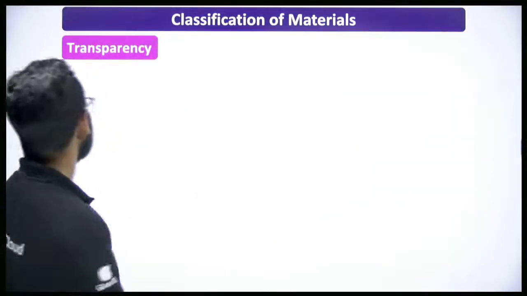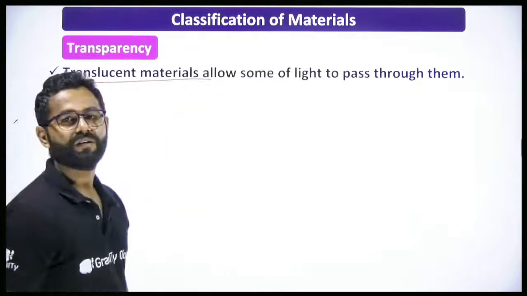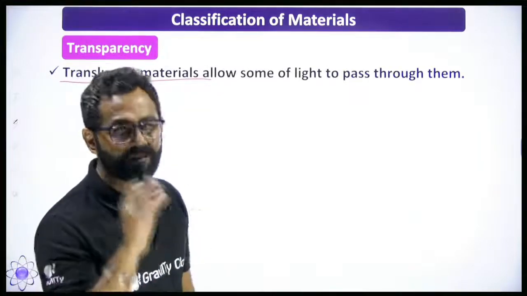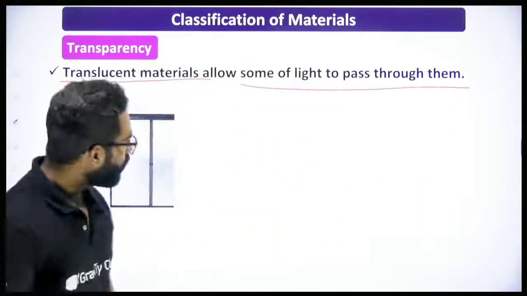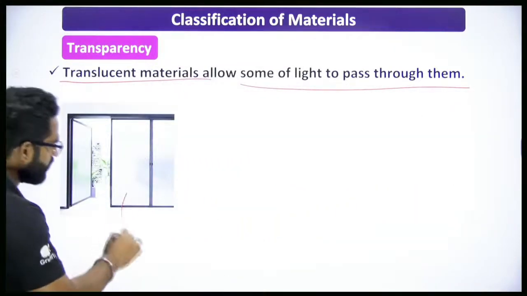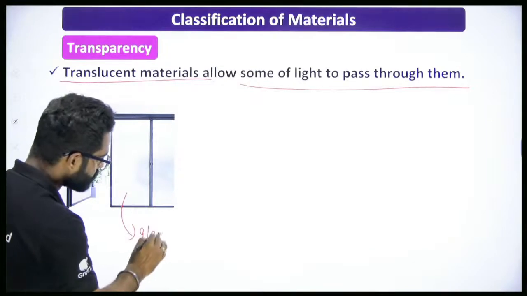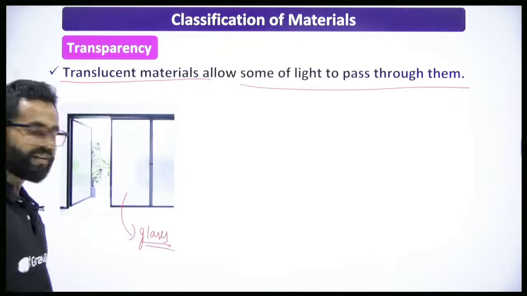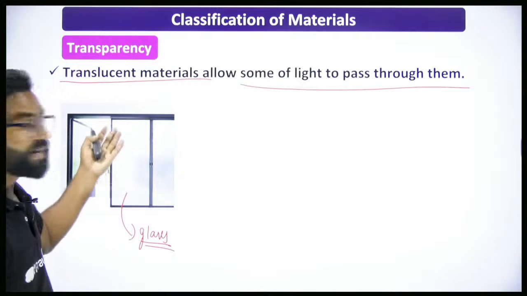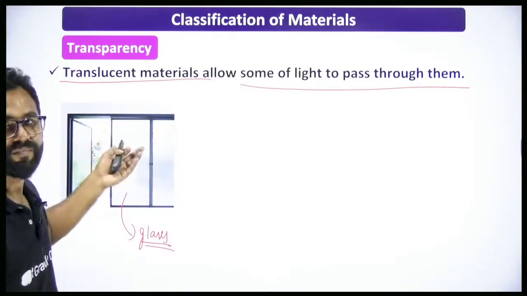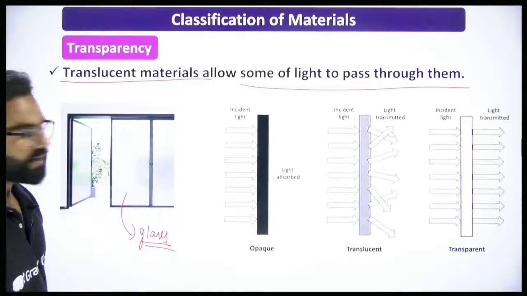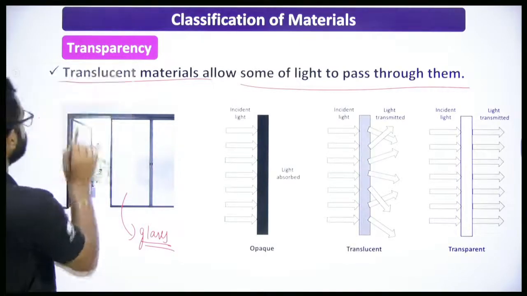Simple. Similarly, translucent materials. These materials allow some amount of light to pass through them. For example, if you look at these glasses, right? They will allow the light to pass through them, but you cannot see through them.